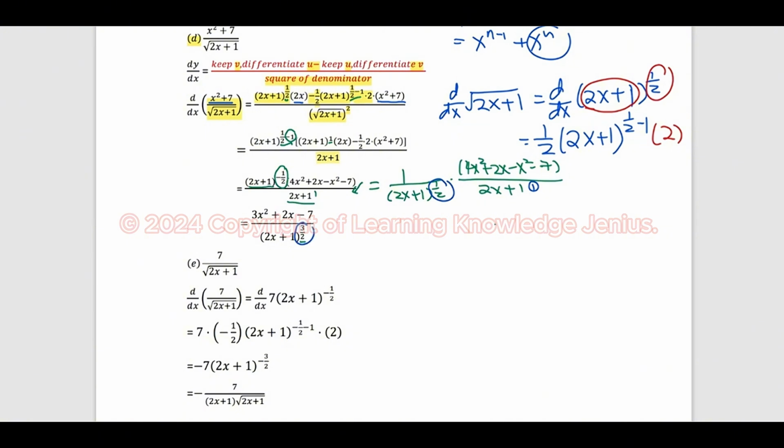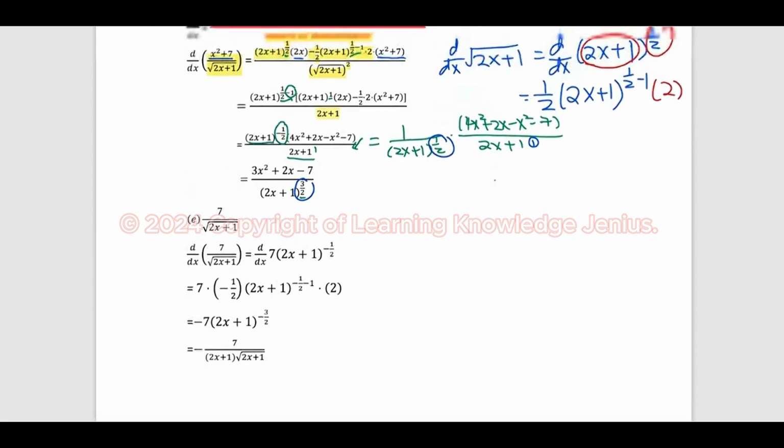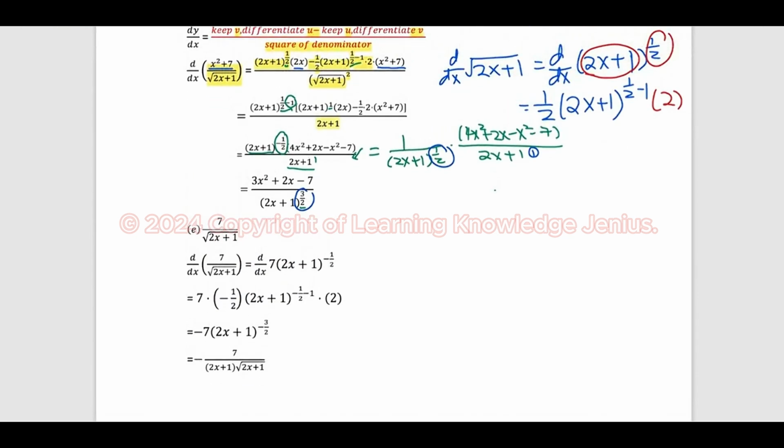Okay. So next, with this example, I'm going to show you that a lot of people will mistake this question, example E here. A lot of people thought that they have to apply the quotient rule. But in fact, you shall not apply the quotient rule. Because why?